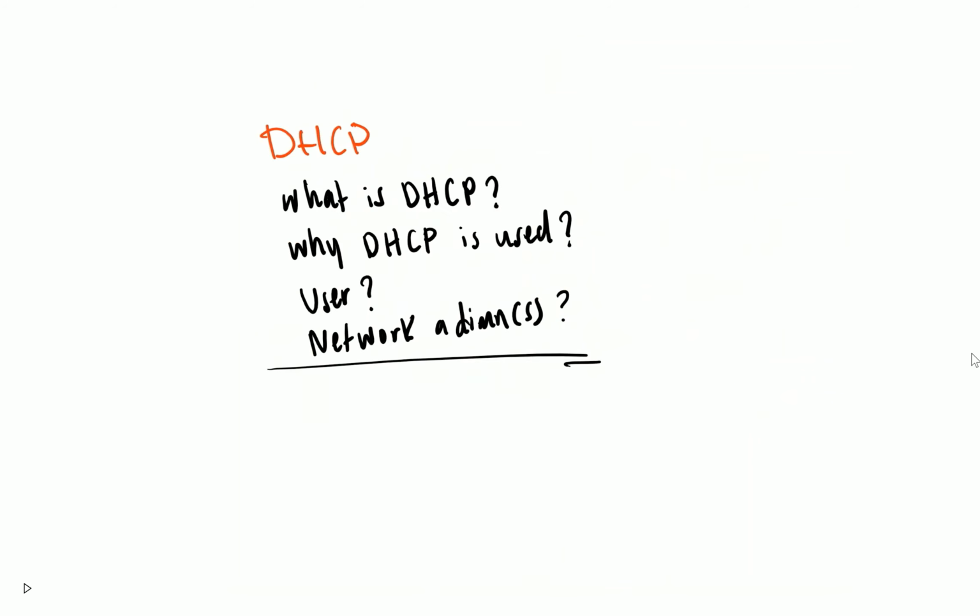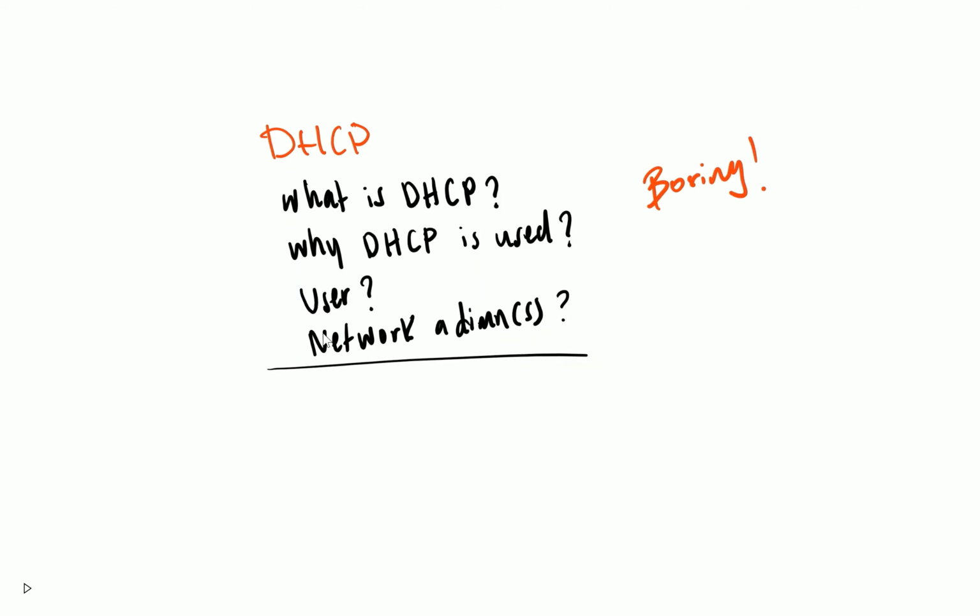In this video we're going to talk about DHCP. That would be what is DHCP, why DHCP is used, and what DHCP means for a usual user or network administrator.